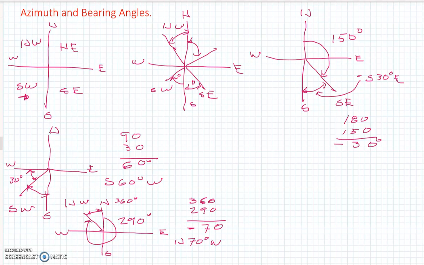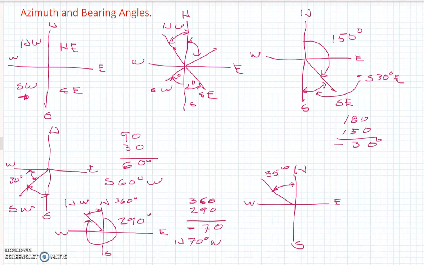Okay? I'll give you another example. Remember, this is north, this is south, this is east, and this is west. If they give you this line over here and they give you this angle of 35 degrees, what will your bearing be?